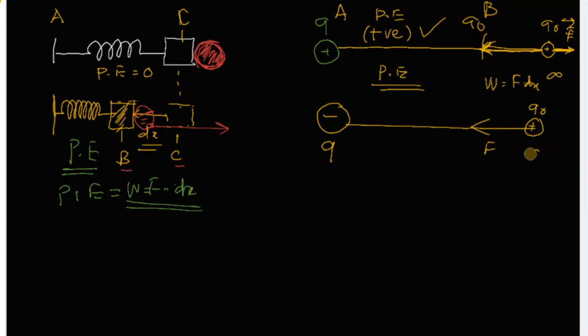From infinity to position B, is work done by us? No, because the electrostatic force of attraction itself moves the charge from this position to this position. So work is not done here. It will move with high velocity, and we have to stop it at position B.